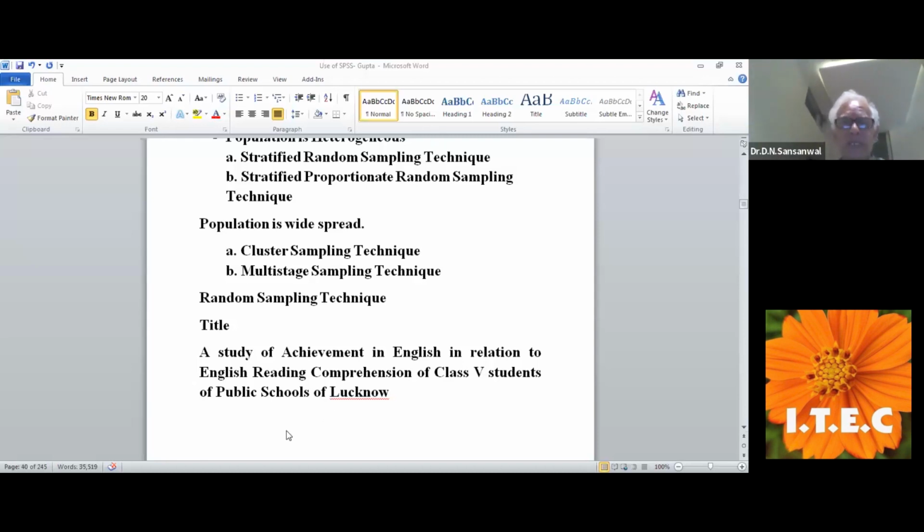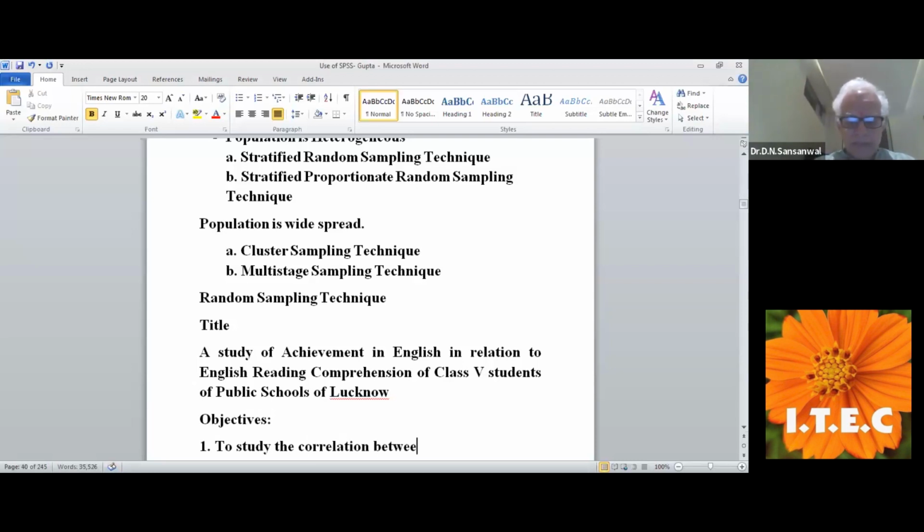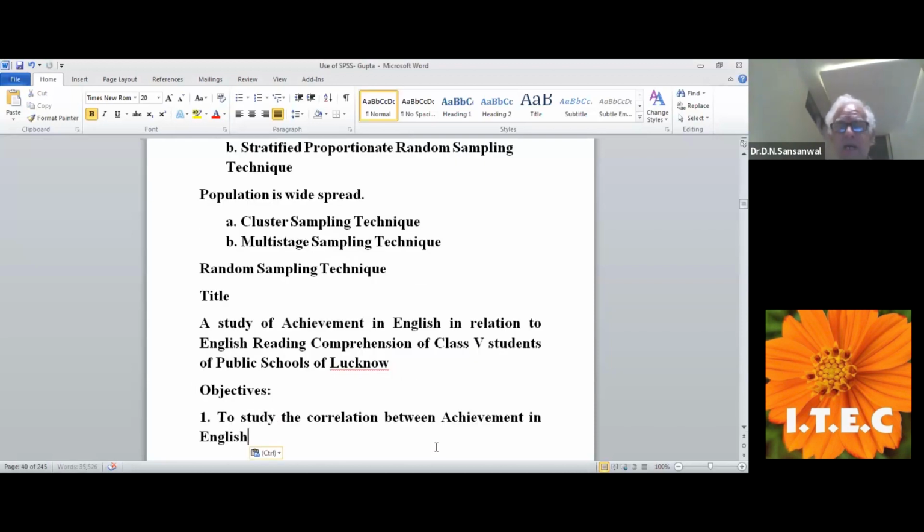If I write objective like this, one objective I write: to study the correlation between achievement in English and English reading comprehension of students.